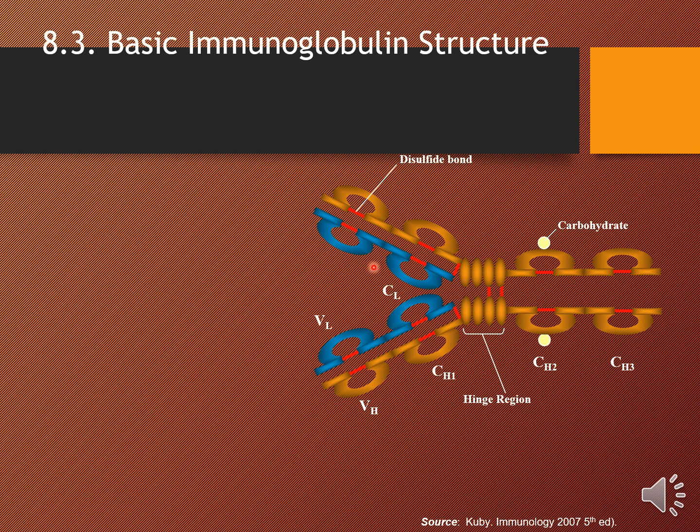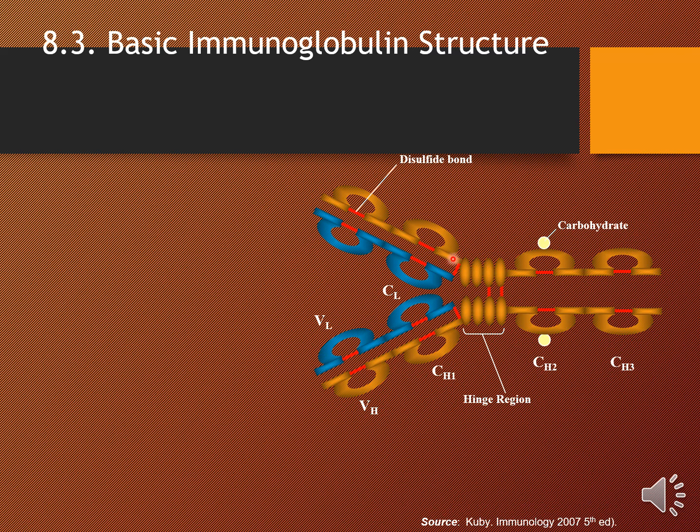right? So this is the general structure of an immunoglobulin molecule. Normally we represent an immunoglobulin molecule like a letter Y. Well, what do we see in this slide? We can see that it is actually colored into yellow, red, and blue. The yellow part represents the heavy chain, while the blue part is the light chain.